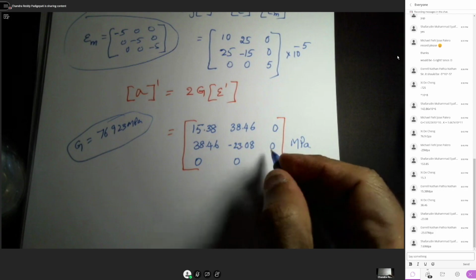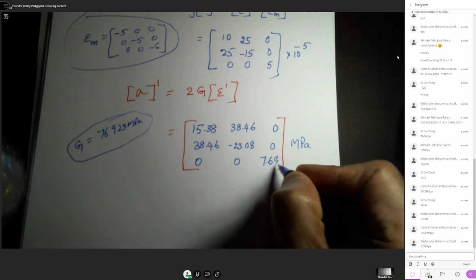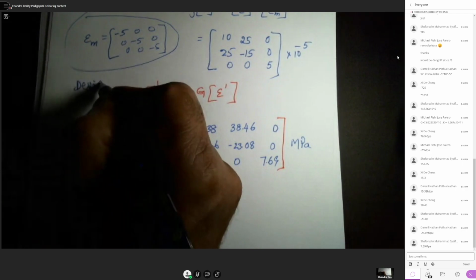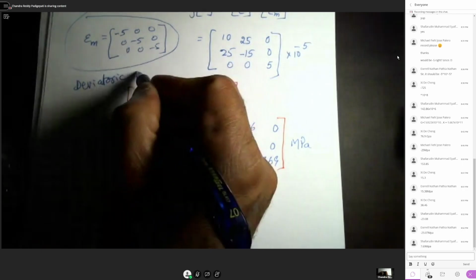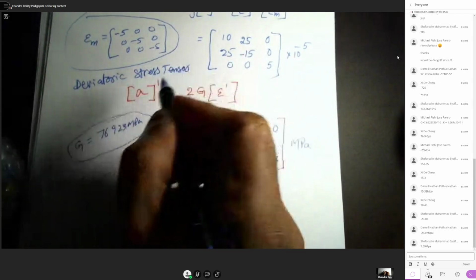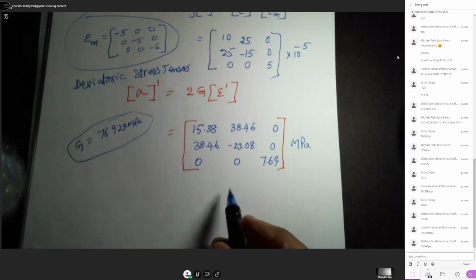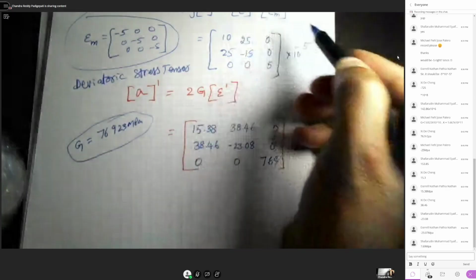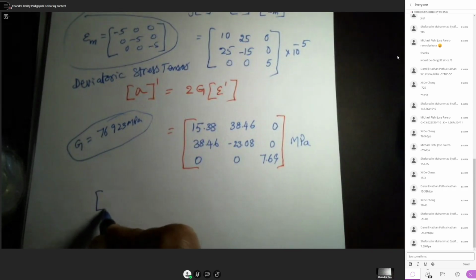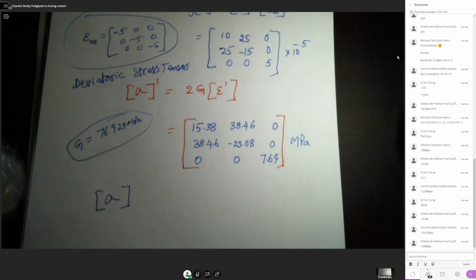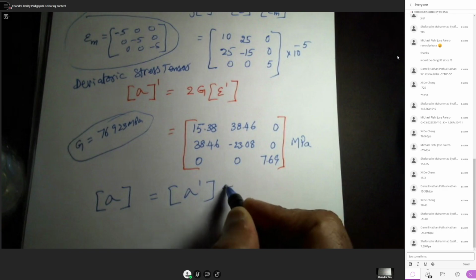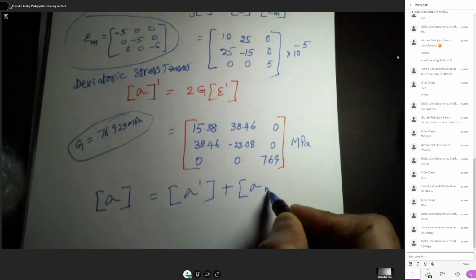So you get 7.69. So this is the deviatoric stress tensor. Once you know the deviatoric stress tensor and you know the mean stress, then you will be able to calculate the stress tensor. Sigma, the stress tensor will be the deviatoric stress tensor plus the mean stress tensor.